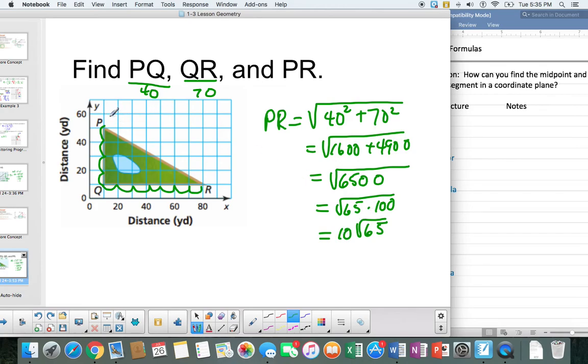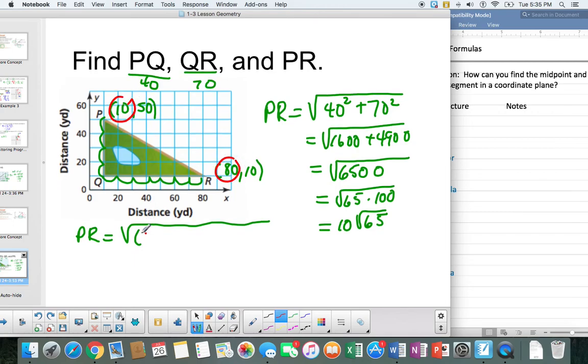The other way to do it is with points. This point is (10, 50), and this point is (80, 10). And you can find the distance using the distance formula. So I would take away the two x's.